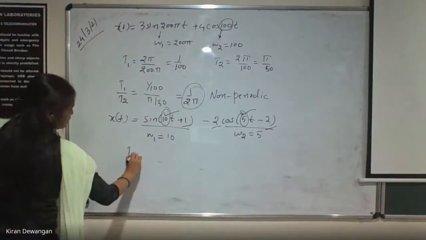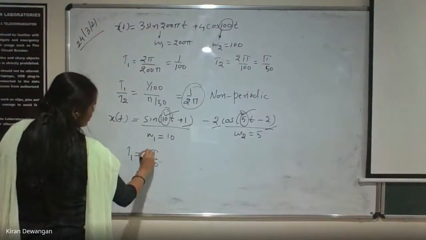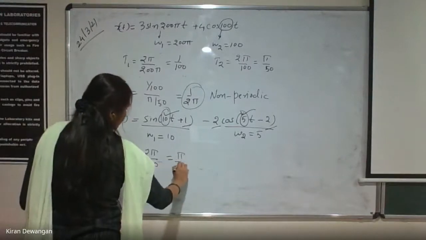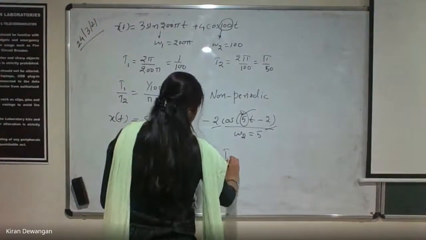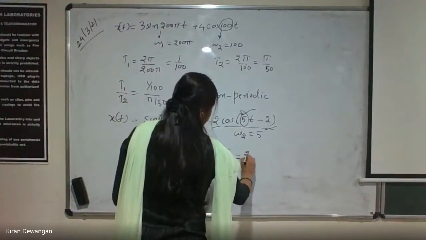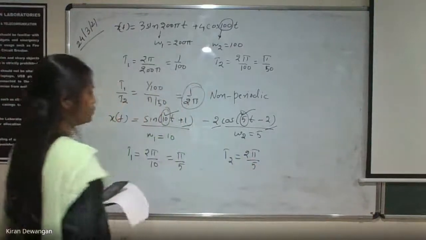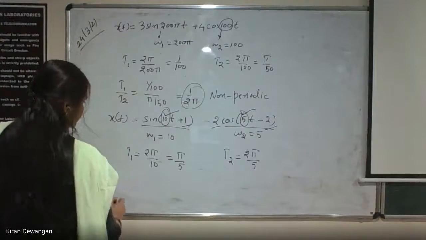Now if we calculate T1, it's 2 pi by omega 1. That becomes pi by 5. And for T2, it's 2 pi by omega 2. So it is 2 pi by 5. Clear?